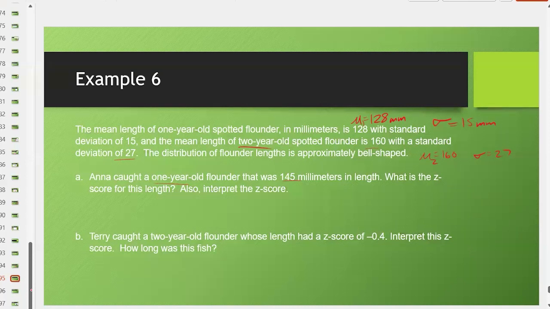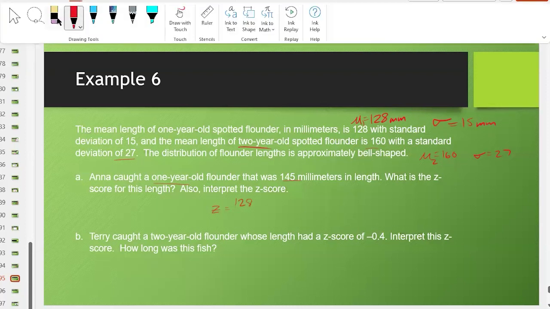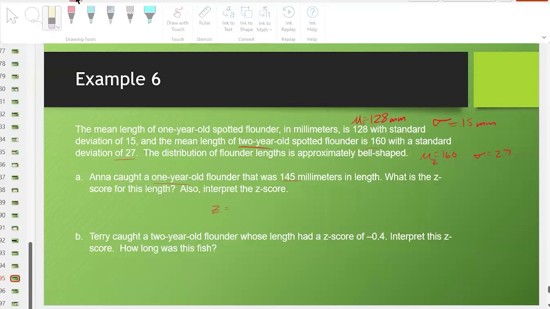Well, a 1-year-old is the first one. So our z value is going to be our raw value that we're interested in.